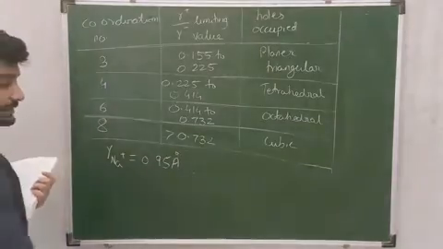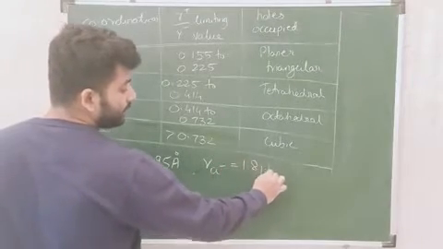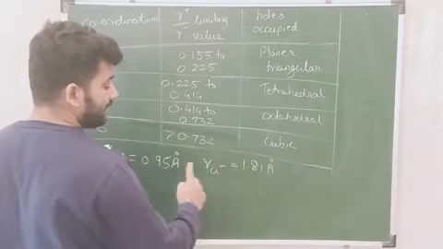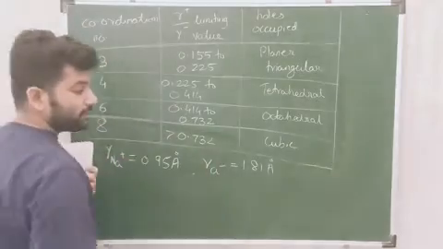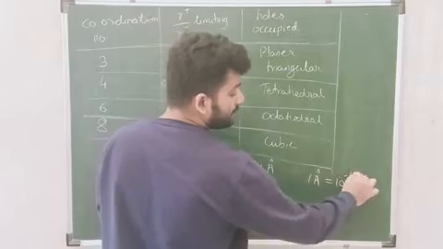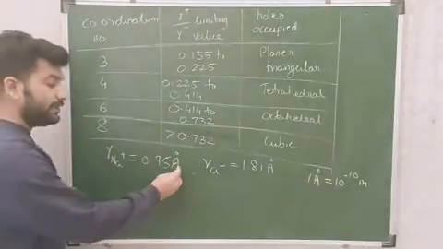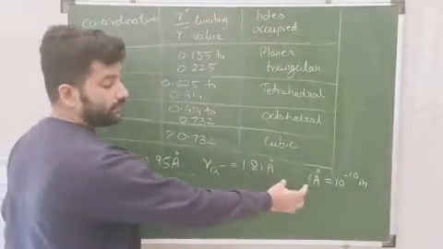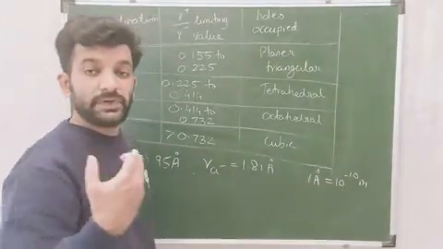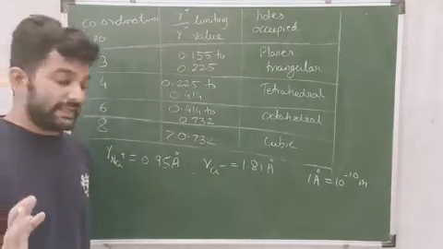Now remember, the units are all the same. Both are in Angstroms. 1 Angstrom is equal to 10 raised to minus 10 meters. This is the conversion. If you are provided with different units, you can, with the help of this conversion, convert them into the same units. Different units will not give you the exact answer.